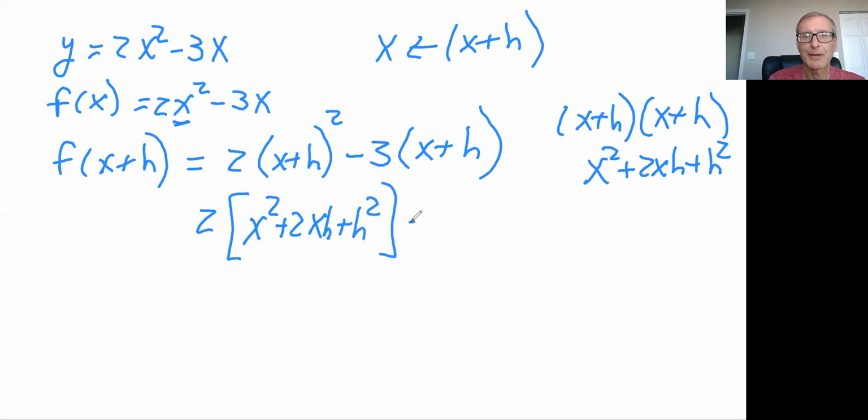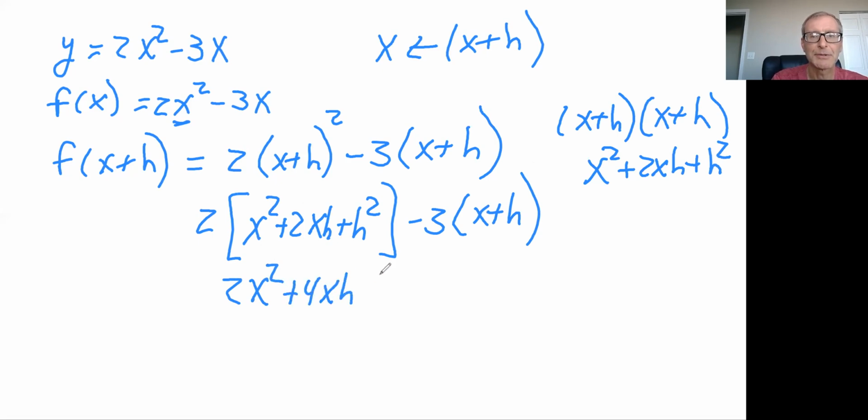And this would be minus 3 times x plus h. So the next step is distribute the 2 through here, distribute the 3 through here. And so that would be 2x squared plus 4xh plus 2h squared minus 3x minus 3h.